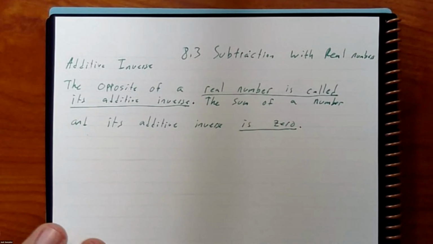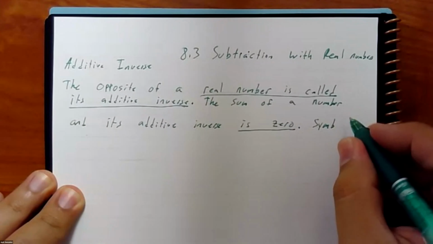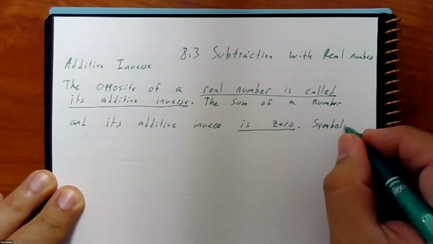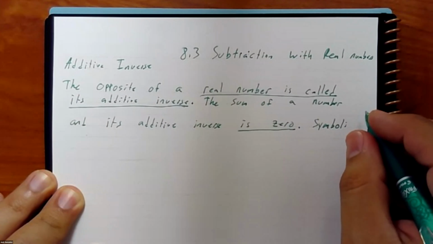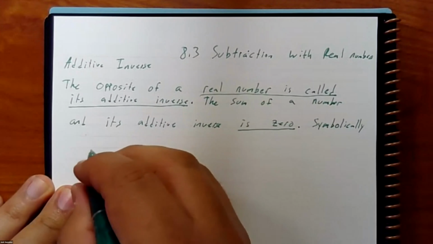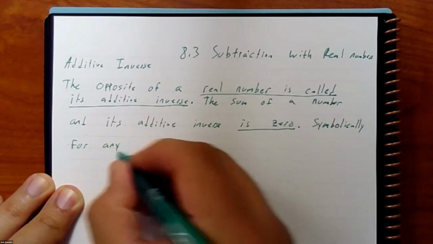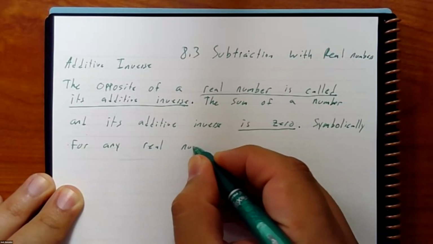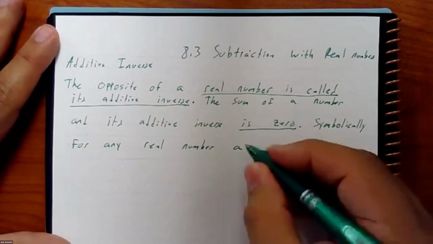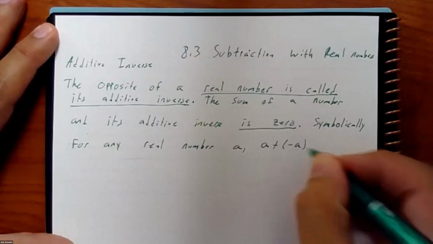Symbolically, this is what they mean. Symbolically, for any real number A, A plus negative A is equal to 0.